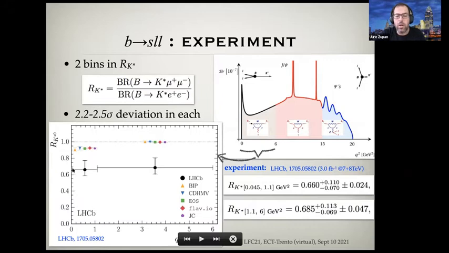The first one goes much closer to the muon threshold, so the standard model predictions that are colored here deviate from 1 just because of the muon mass effects, while in the higher bin they are consistent with 1. And again, you cut out the region with the resonances.